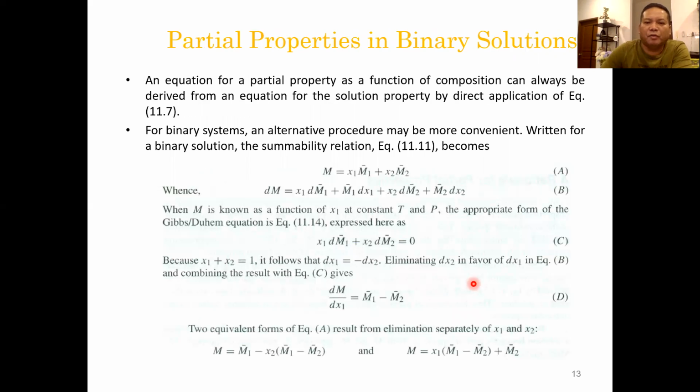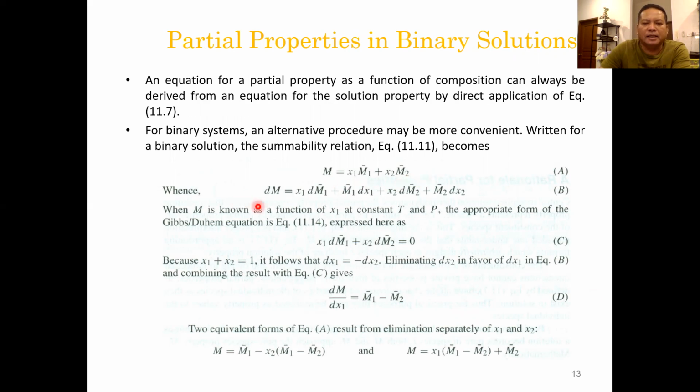For a binary system, in this course we only consider a combination of two species. It can be more complicated, but for beginners we just consider two. This is what we call a binary system. So M is x1 M1 plus x2 M2.